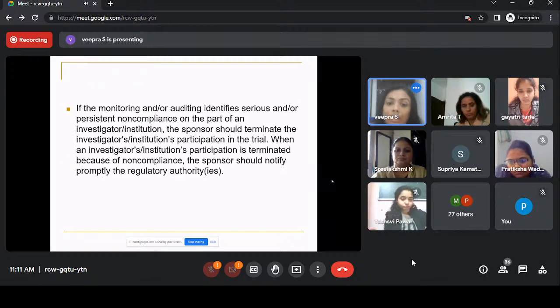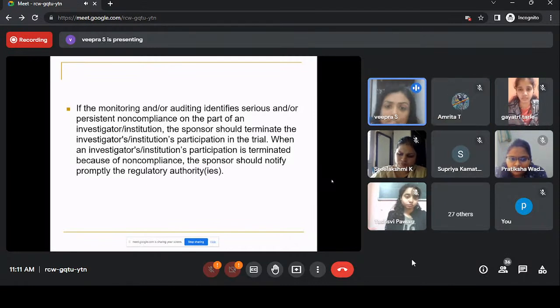If during monitoring or auditing any serious issues are identified, maybe serious issues done by the investigator, what will happen if it is a very significant issue?